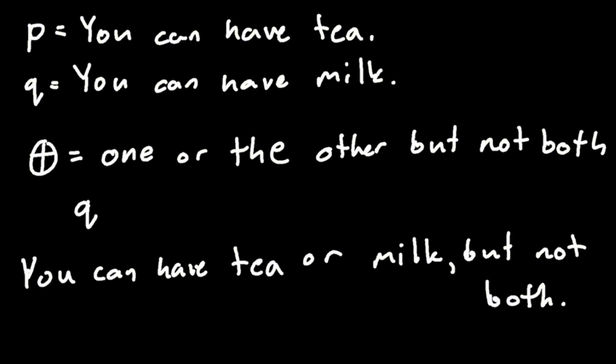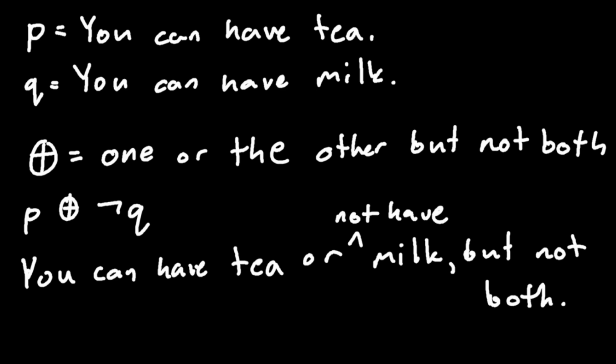So if you didn't know what the symbols were for this, you just saw the sentence, you can have tea or milk, and you were given P and Q, you would be able to write down P exclusive or Q, and you would know that this is what the sentence is. And you can actually combine this with not Q. Maybe I'll just add a little bit more, but you can write P exclusive or not Q. You can have tea, or you can not have milk.